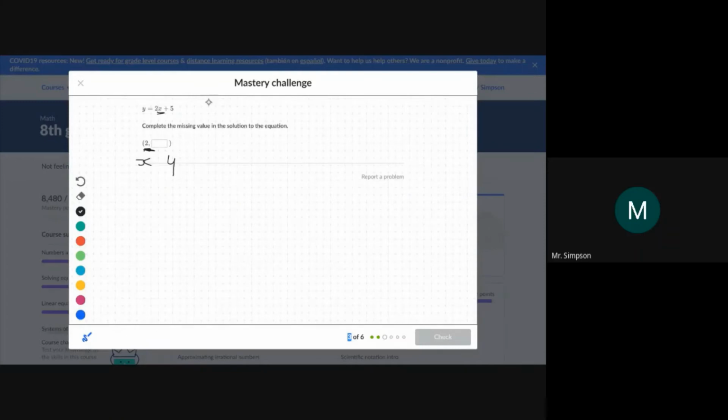So y is equal to 2 times x, which is 2, plus 5. 2 times 2 is 4. So y is equal to 4 plus 5, and of course, 4 plus 5 is 9. So y is equal to 9.